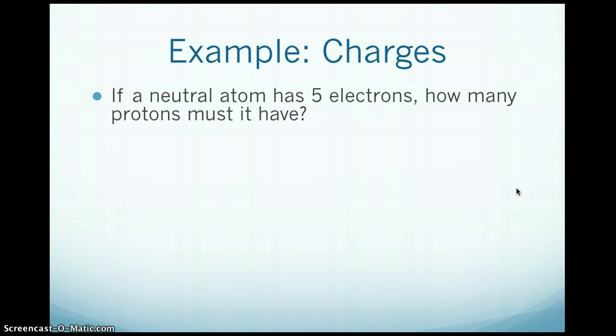All right, now let's look at some charges. If a neutral atom has 5 electrons, how many protons must it have? The answer to this question is 5, because electrons have negative charges, protons have positive charges, so for every proton there's an electron. They just attract each other like that.